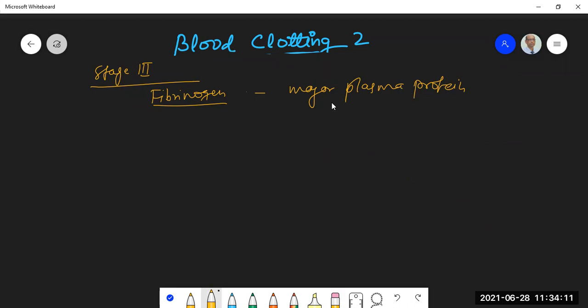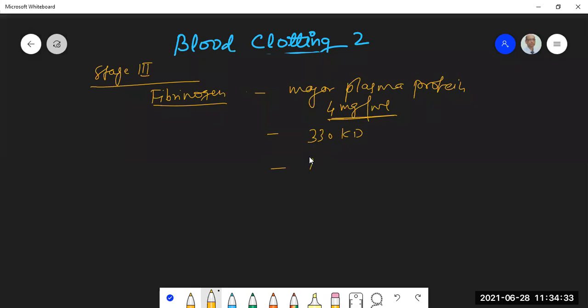It's a major protein because its concentration in the plasma is very high, 4 milligram per ml. And its molecular mass is around 330 kilodalton.